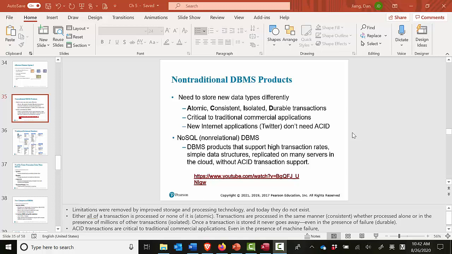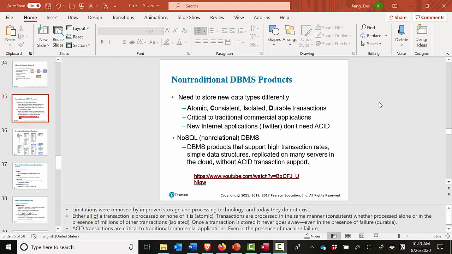I'm not going to go into much details about functions of DBMS. The last thing I want to mention is the non-traditional DBMS. Microsoft Access or other type of DBMS such as Microsoft SQL Server, they are the traditional DBMS that are still used by many companies. However, many other companies, especially the big IT companies nowadays, are using some non-traditional DBMS products.